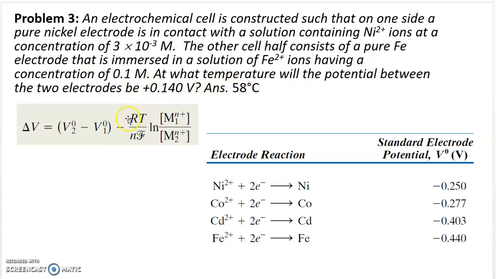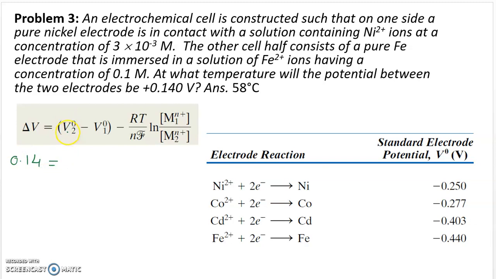So we need to find the temperature. In this case, we are going to use a slightly more generalized form of the previous standard potential difference equation. Now delta V is equal to 0.14 volt.